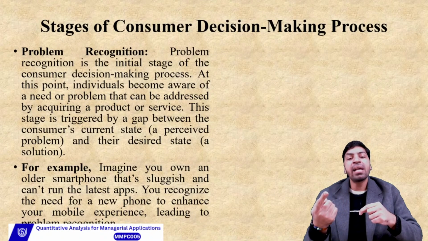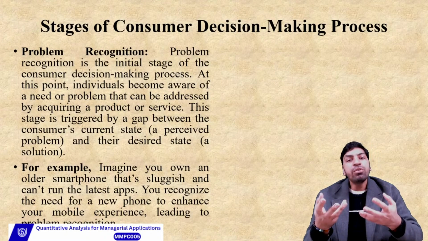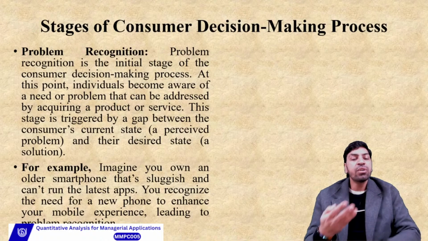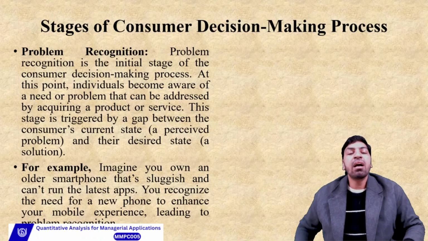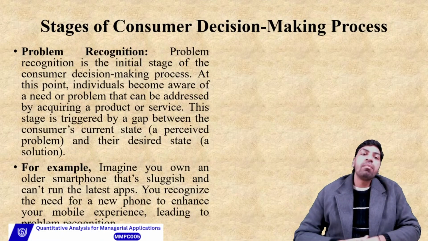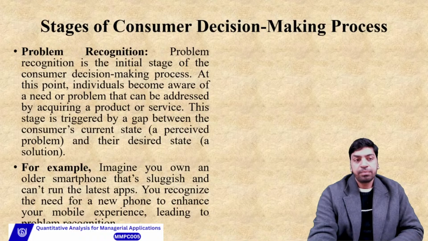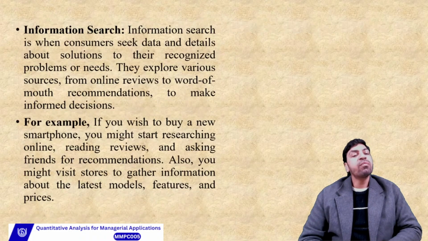You already know the problem, and now you have easily identified its solution. Once you recognize your problem, you start finding the solution for it, and that's called problem recognition.